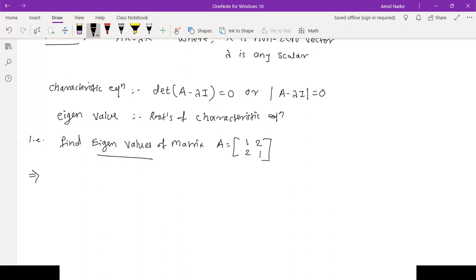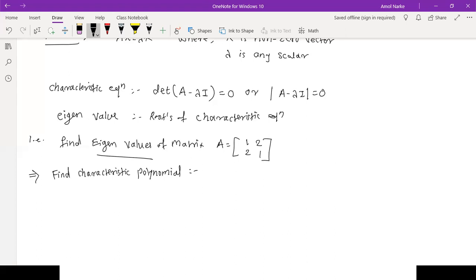The first step: find the characteristic polynomial. Tell me what the characteristic polynomial is here. Anyone?